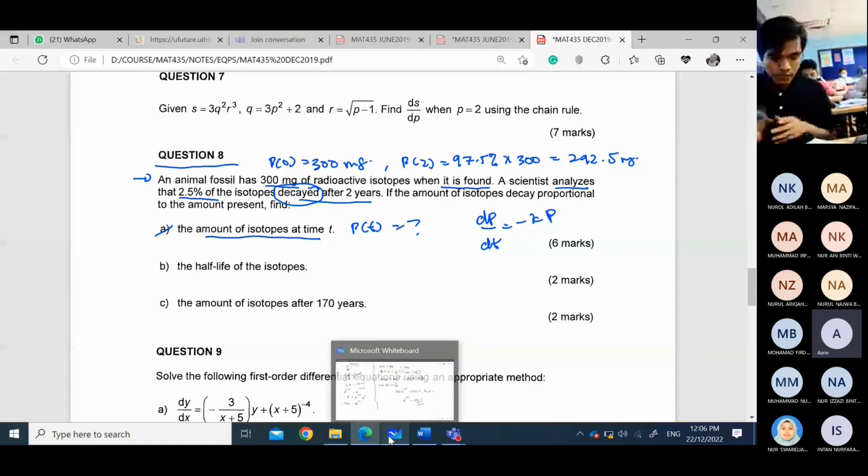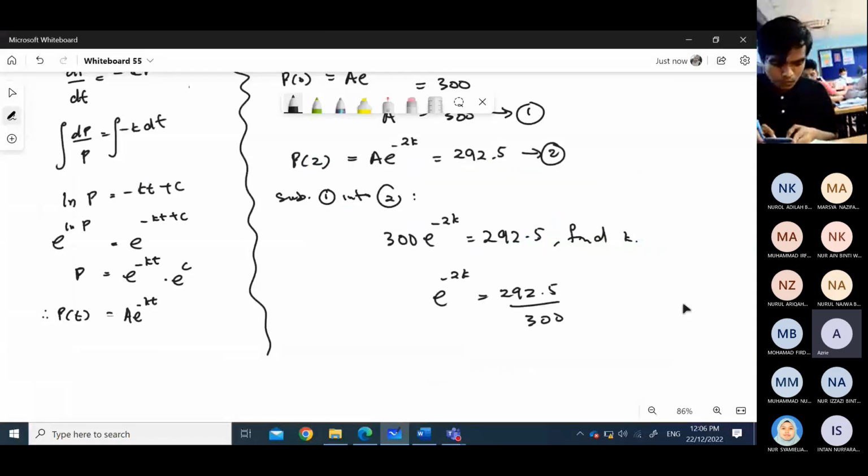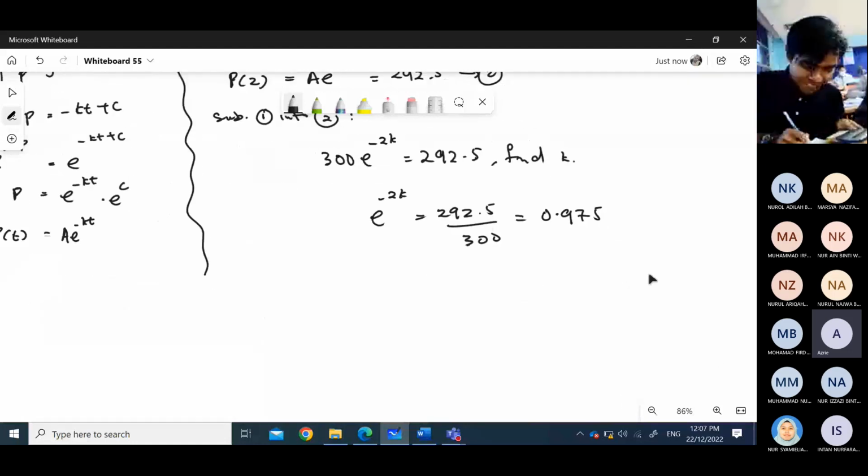Okay, so cari K. So this one equivalent with 0.975. Okay, so in order to find this K, we need to take natural log left hand side, right hand side. So let's simplify for this negative 2K.